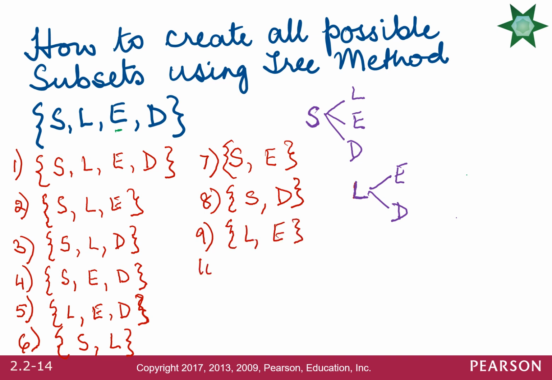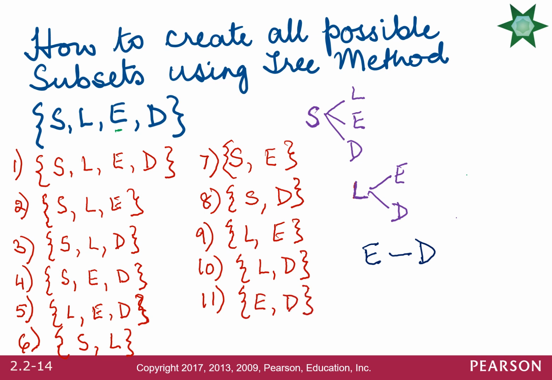And then 10 will be LD. So we are done with all combinations starting with L. We go to the E. So create a tree with 2 elements. So starting with E, the only element left is a D, right? So number 11 will be the subset ED. So now we are done with all combinations of 2 elements in them.